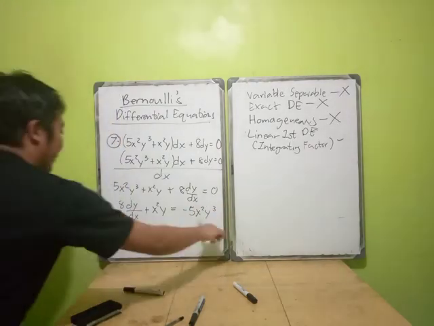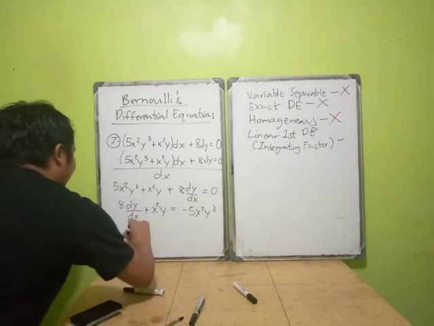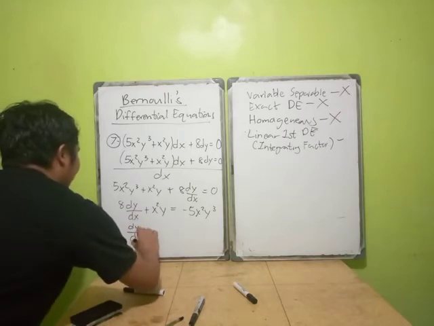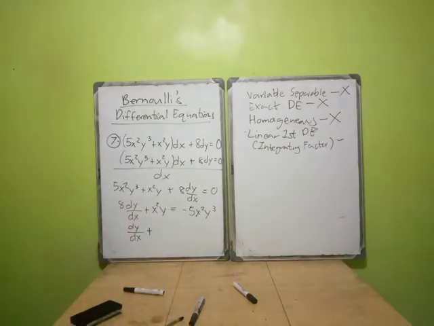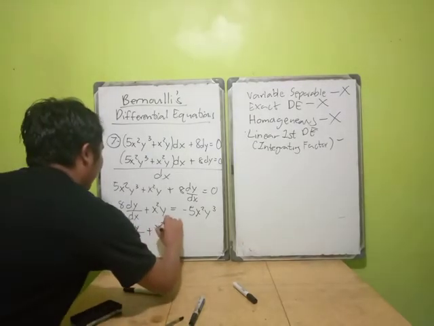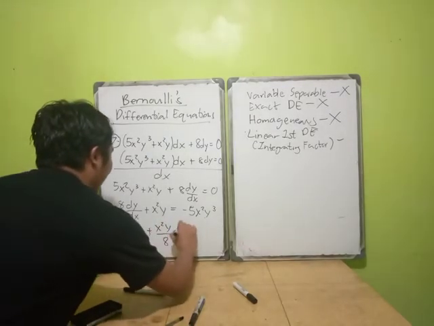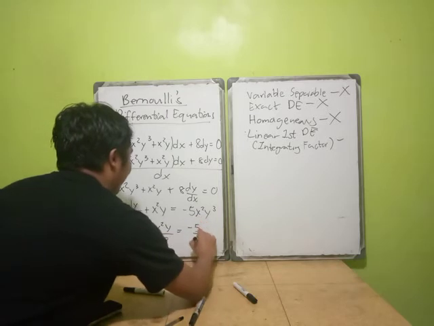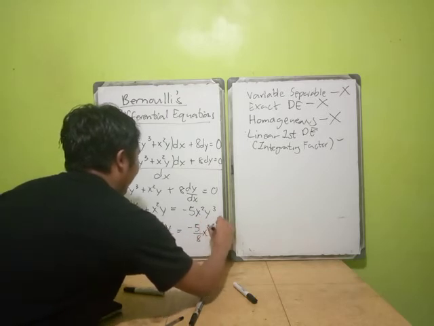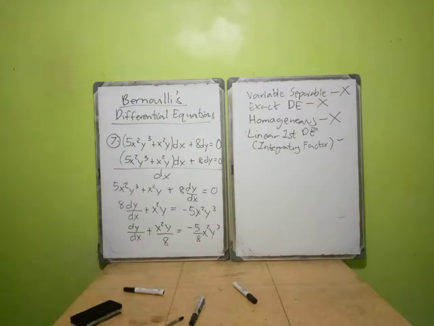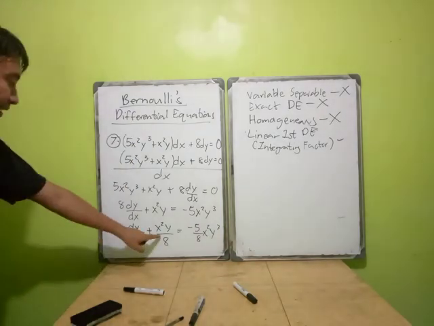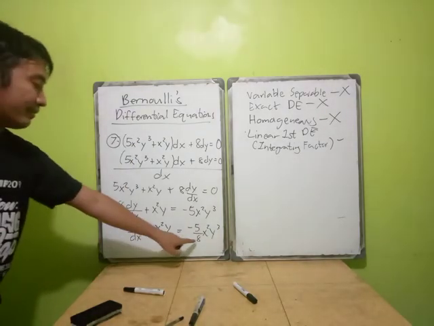Okay? So, i-divide ko to lahat ng 8 para mawala yung 8 dito at maging dy over dx na lang. So, magiging dy over dx plus x squared y over 8 is equal to negative 5 over 8 x squared y cube. Okay? So, na-identify natin na may px siya at may qx.